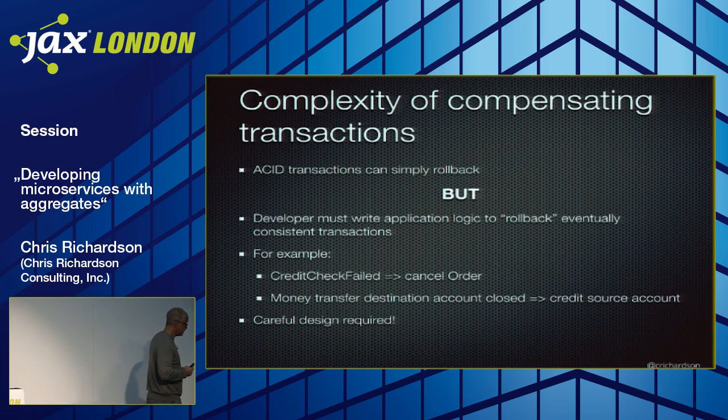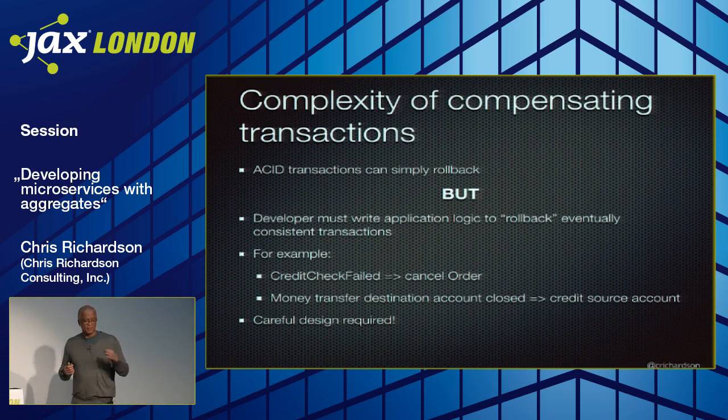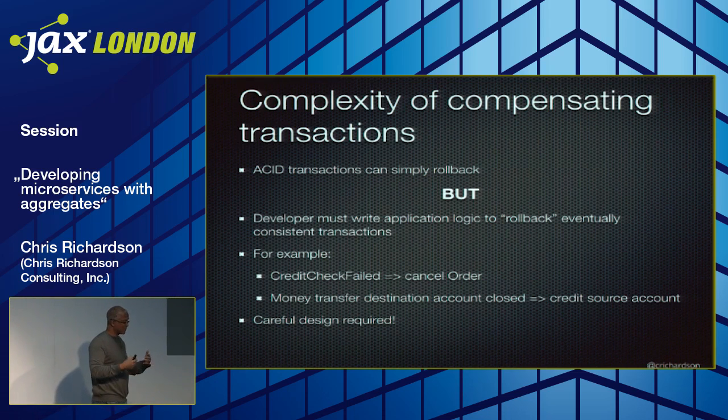But with this model, where you've got a sequence of local transactions, rollback is now much more complicated. You effectively have to roll forward by explicitly executing new transactions that undo the changes you have done previously. So in the last example, if the credit check failed, we're basically rolling back the creation of the order by canceling the order.